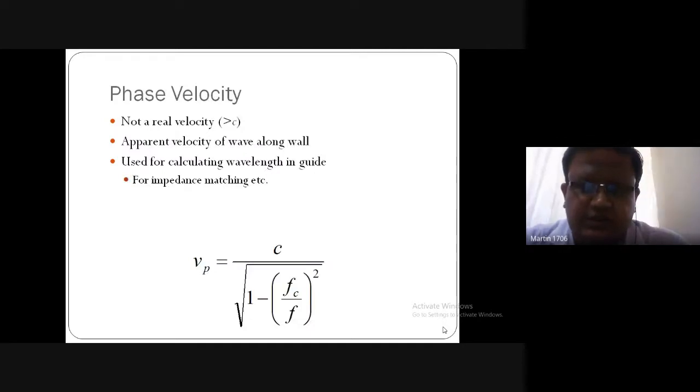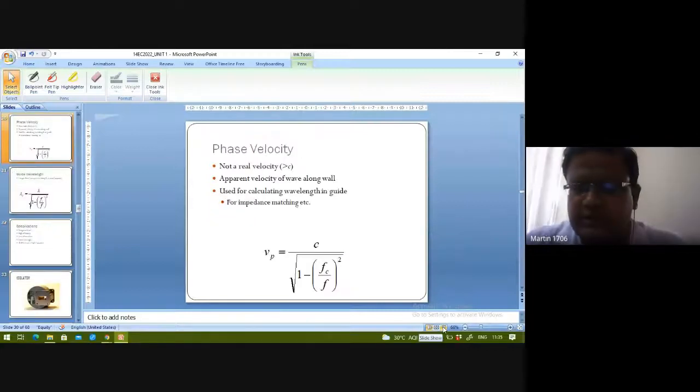First is phase velocity. The phase velocity is not a real velocity. It is the apparent velocity of the wave along the wall, used for calculating the wavelength in the guide. What they are telling is that when the signal is going inside the waveguide, some progressive phase shift will be added along with your original signal.